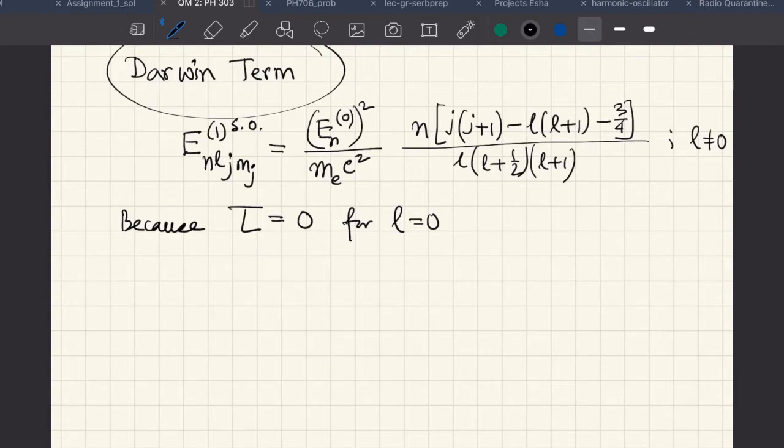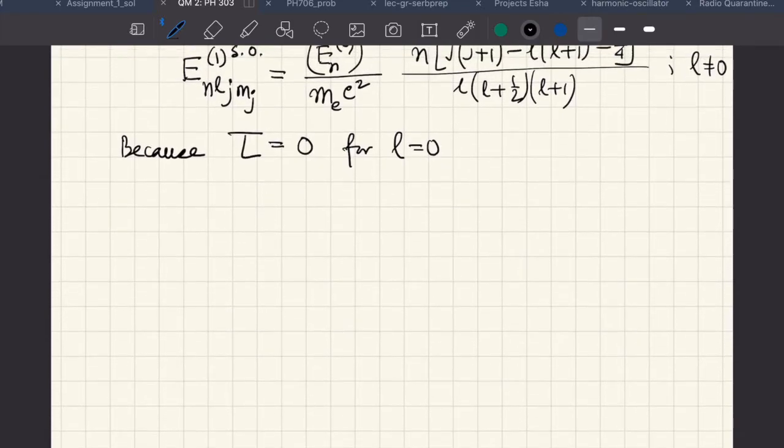However, on the other hand, the limit of the formula which I have written here as l tends to 0, although somewhat ambiguous, is still non-zero. You can see this from a small calculation. We set j equal to l plus half; l minus half is not going to help simply because it does not apply for l equal to 0. So set j equal to l plus half and take the l going to 0 limit.